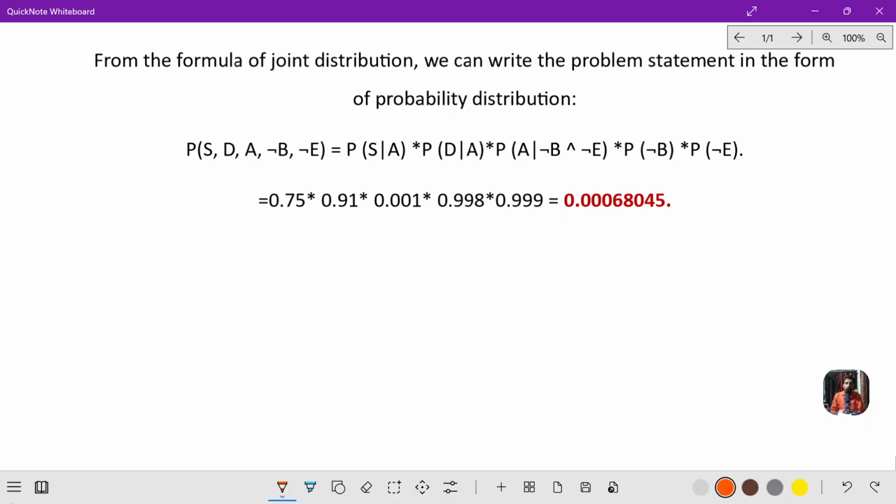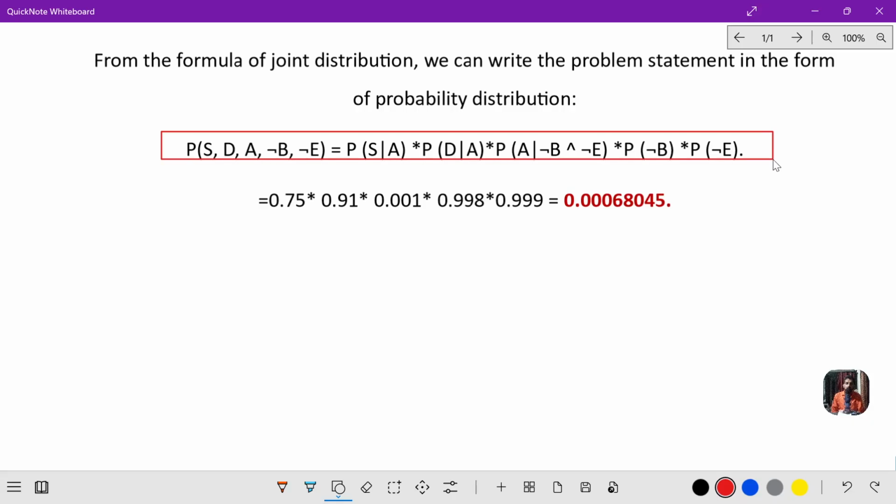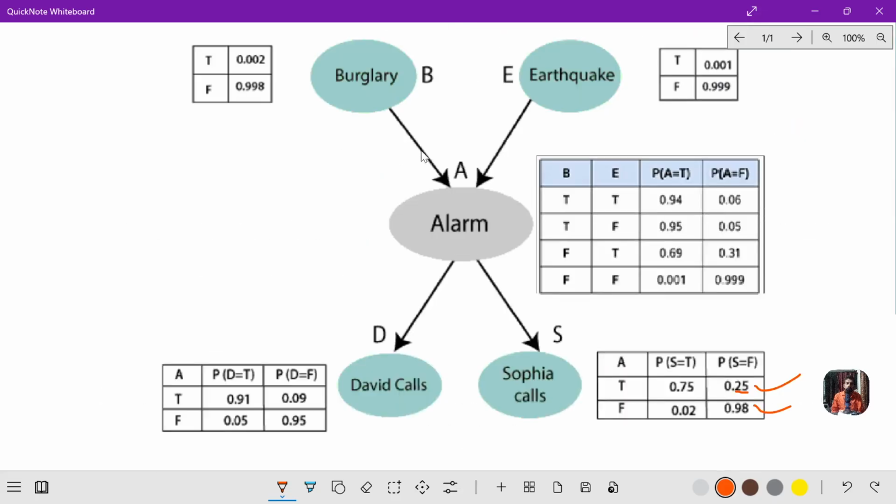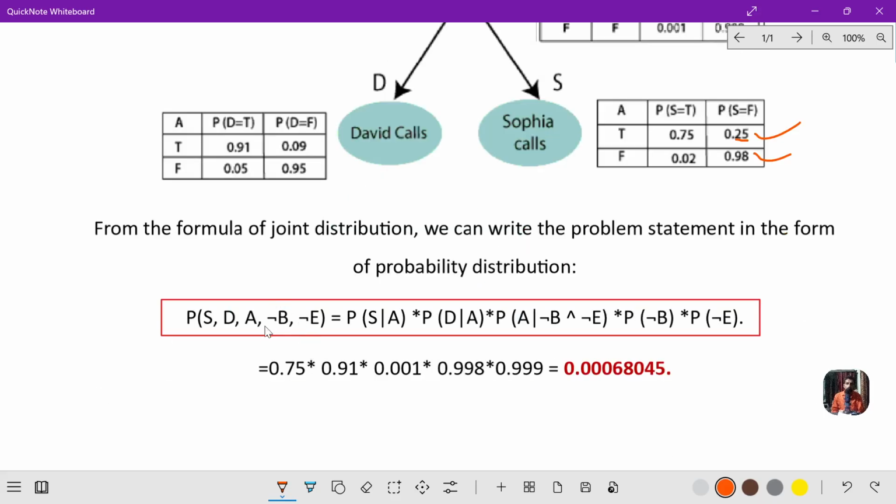This is an important formula to find the joint distribution: P of S, D, A, negation B, negation E. Here S is Sophia calls, D is David calls, A is alarm, and then burglary and earthquake. We are going to take the negations of B and E.